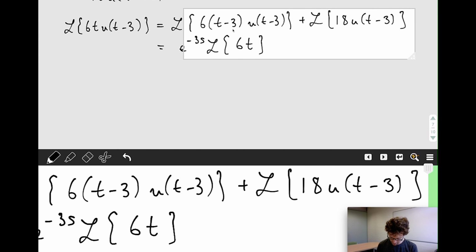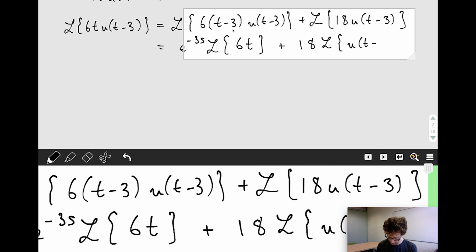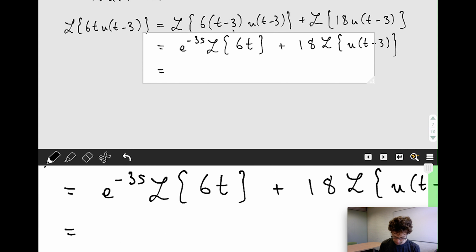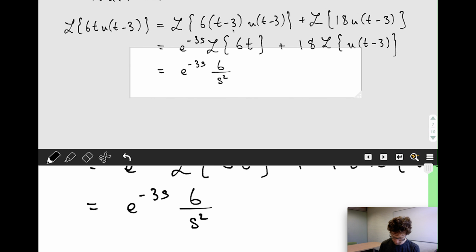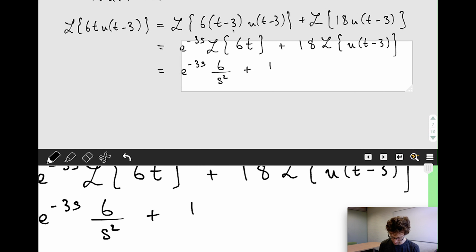I also have 18 times the Laplace transform of the Heaviside u of t minus 3. So this is all equal to e to the minus 3s times the Laplace transform of 6t, which is 6 over s squared, plus 18 times the Laplace transform of u of t minus 3, that's one of our tabled Laplace transforms, that'll be e to the minus 3s over s.